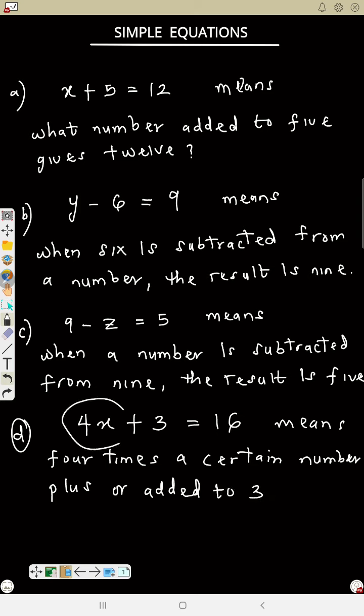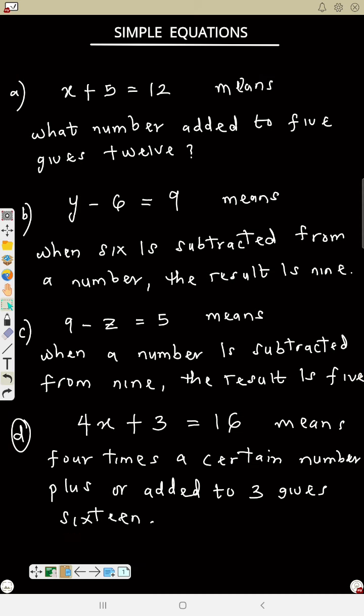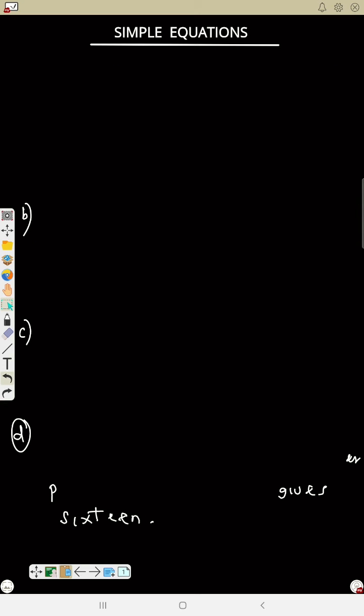So 4 times a certain number added or plus 3 gives 16. So like that. Now this is how you can interpret equation. So let's see more of this equation. This interpretation is important.